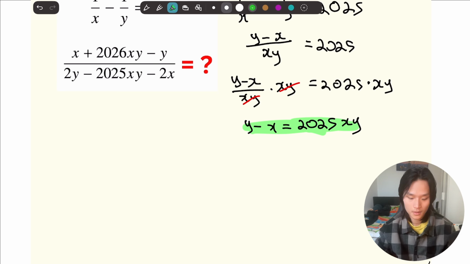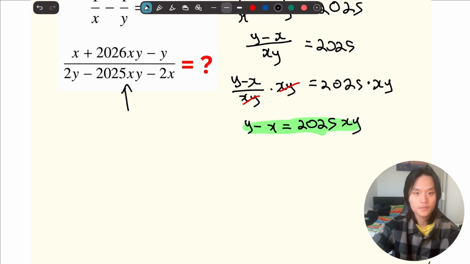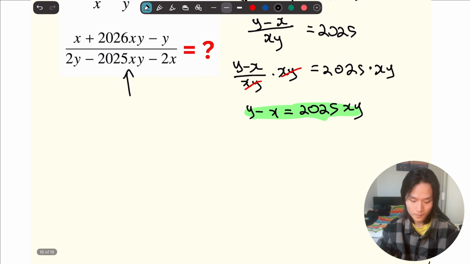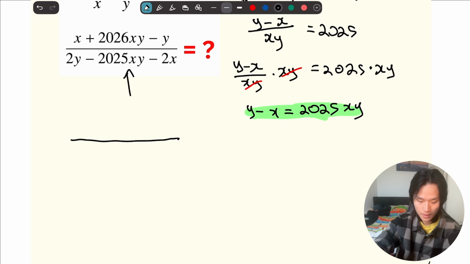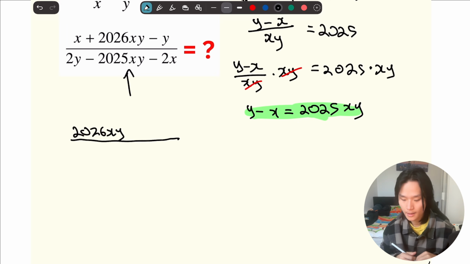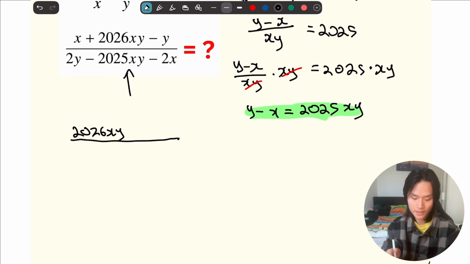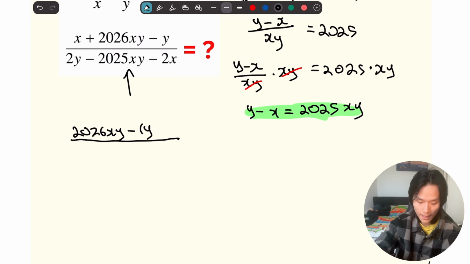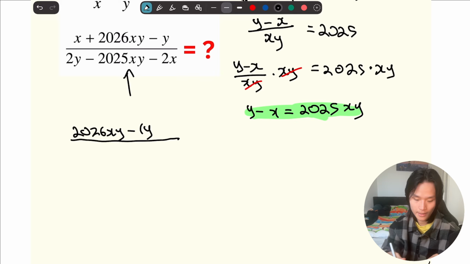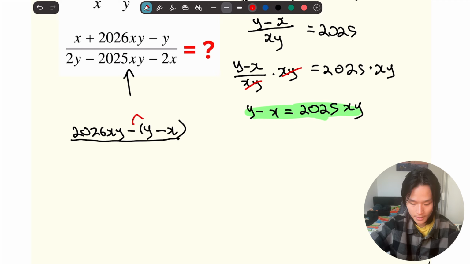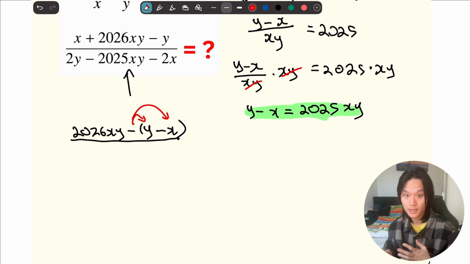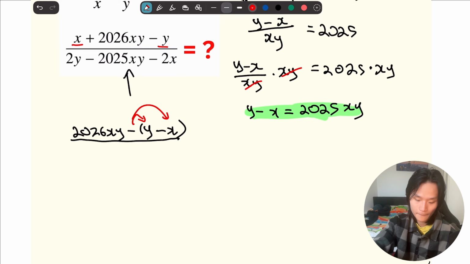Okay, so let's take a look at this big fraction, right? So let's rewrite some of the terms. So let's first write 2026xy, and then I take out a minus from the y, so minus y, and we will take out the minus from the positive x, so we have minus x, because if we distribute the minuses back into it, we get minus y plus x, which is what we have.